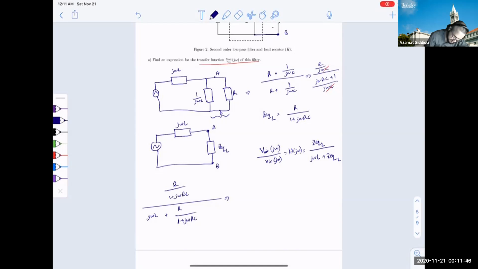This actually leads us to multiplying both denominator and numerator by 1 over j omega RC.